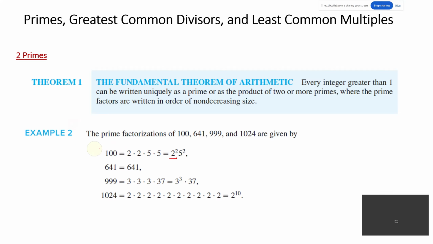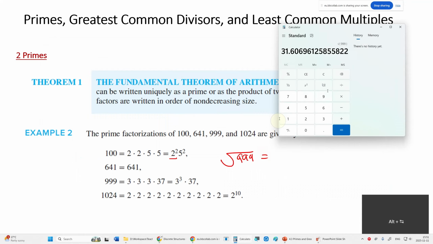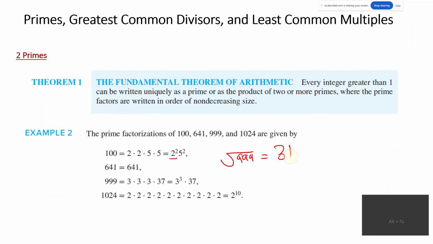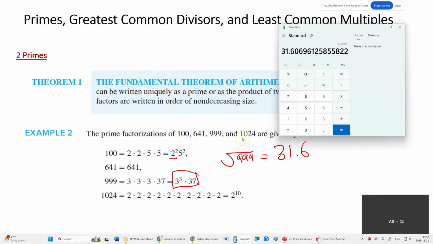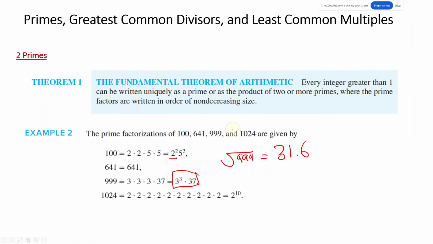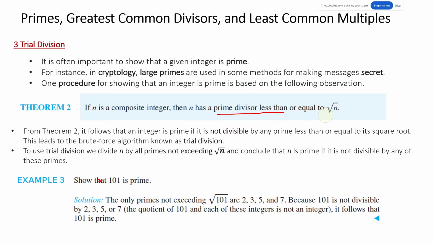No. The square root of 999 gave me 31.6, and I just said that if n is composite, then n has a prime divisor less than or equal to that.